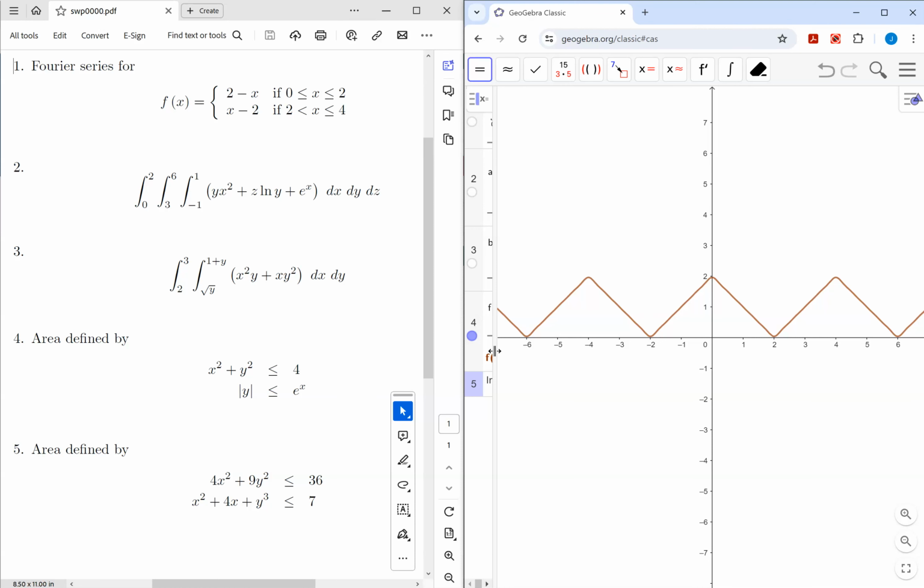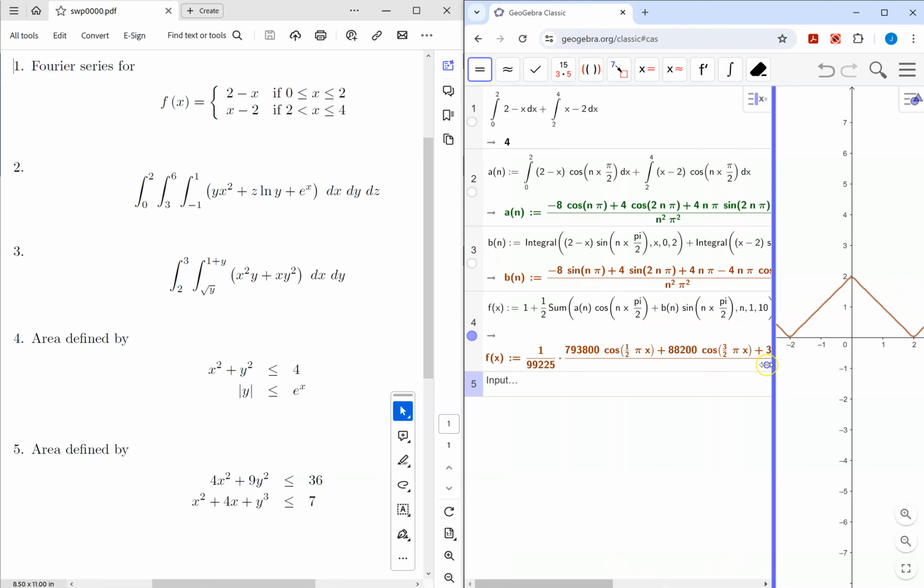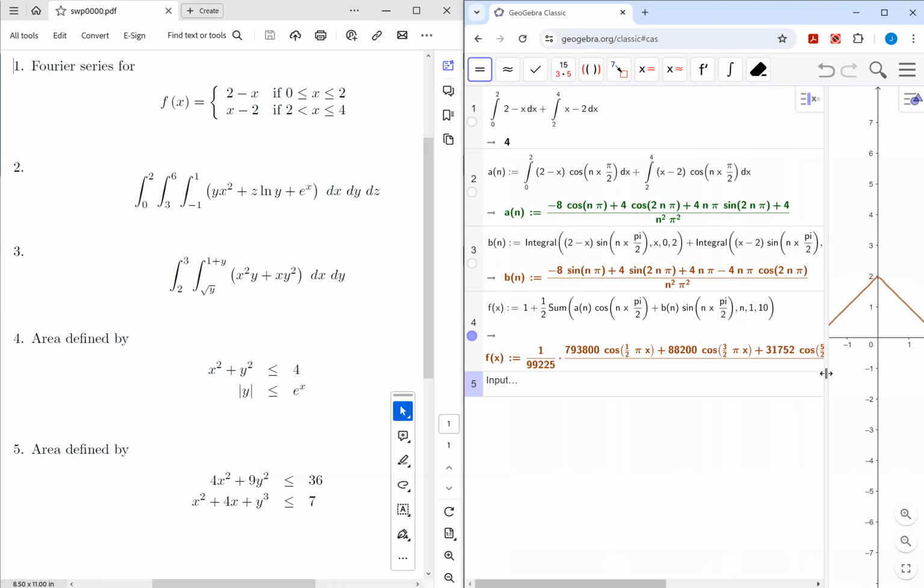Now, as a final part of this, I would also want you to simplify what the series would look like if you were writing it down. What I mean by that is, let's go up to these different coefficients that we have. Let's look at the sine coefficients first. So let's look at your b of n.